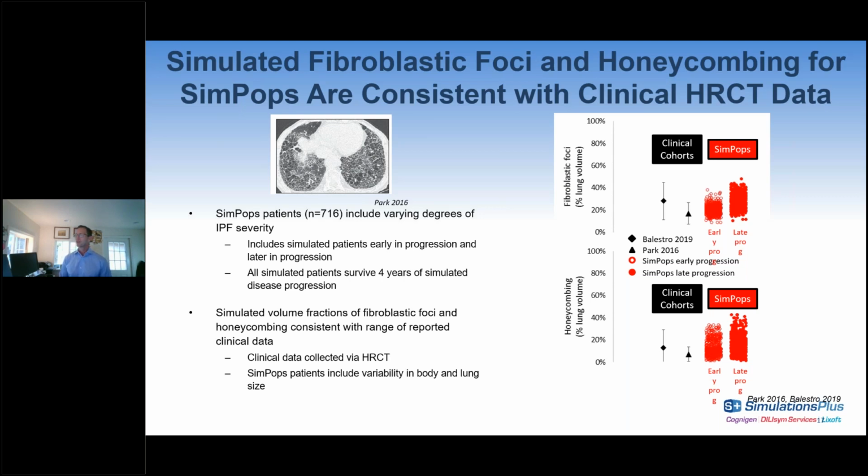Those would be the individual red dots, each dot representing a single patient, compared to the clinical cohorts, where there's a mean and standard deviation, and you can see again that they're nicely aligned.